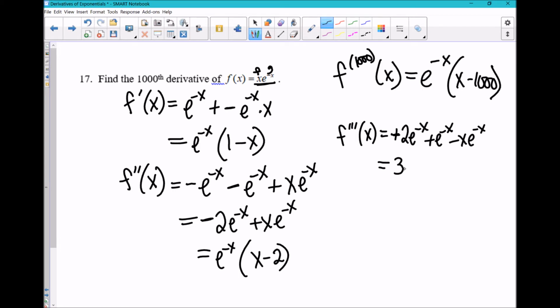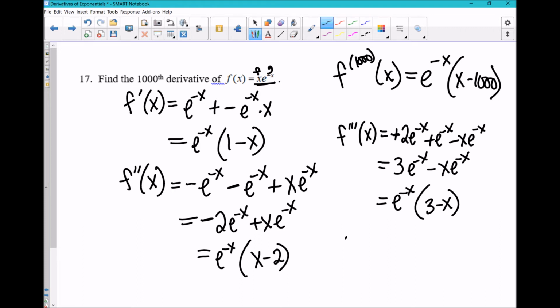We have 3 of these e to the negative x's, minus x e to the negative x. Factor out the e to the negative x, and you can see it's 3 minus x. So what appears to be happening is if it's odd, the sign is negative, and this is replaced.